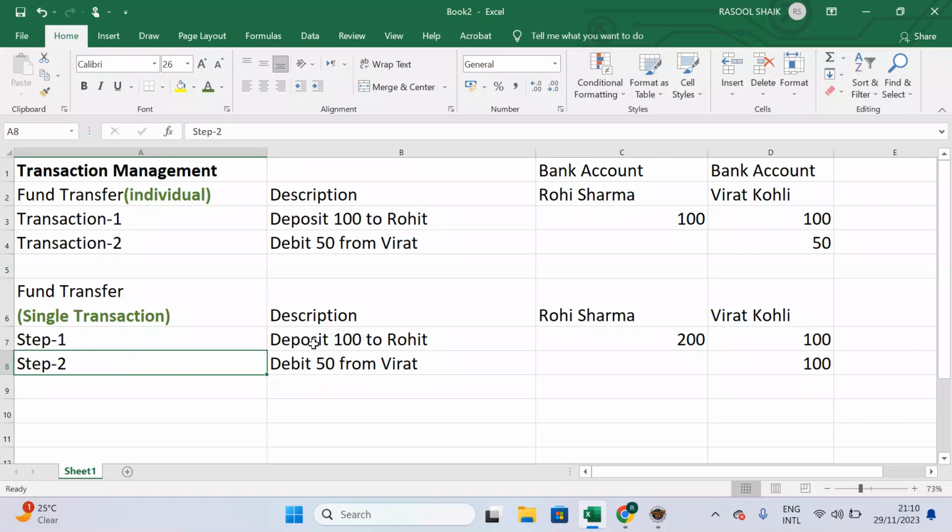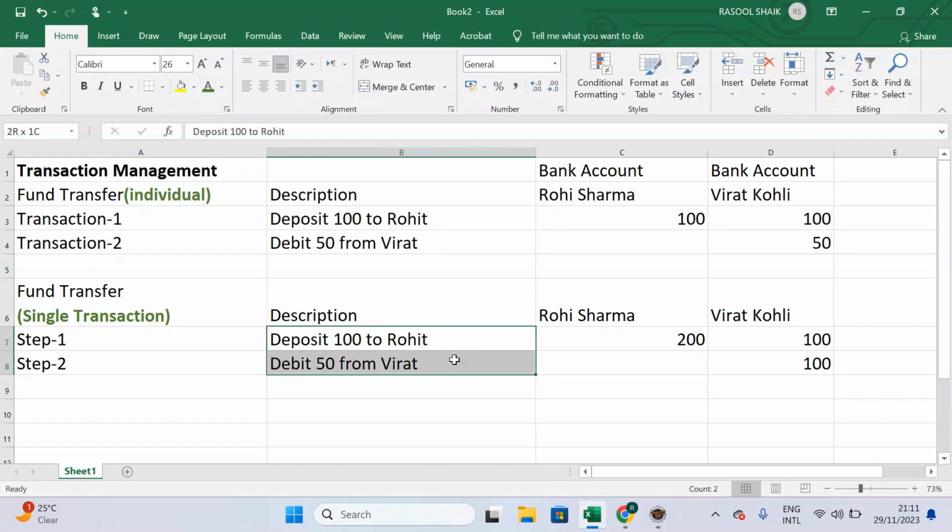Whenever we're talking about transaction, you can take any example, guys. It can be a single database operation or multiple database operations.